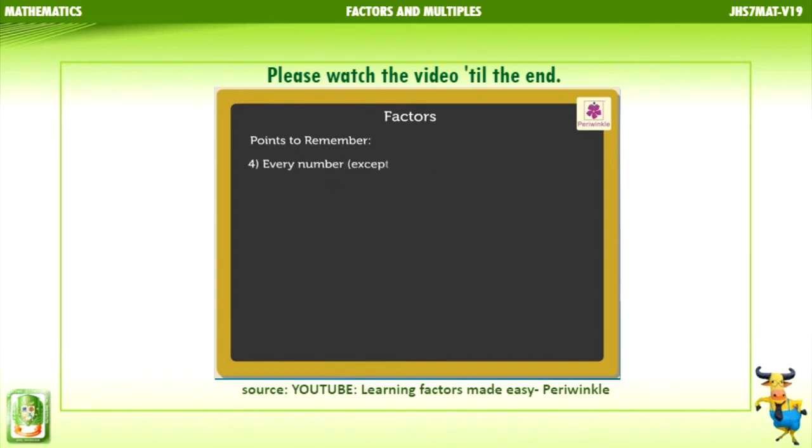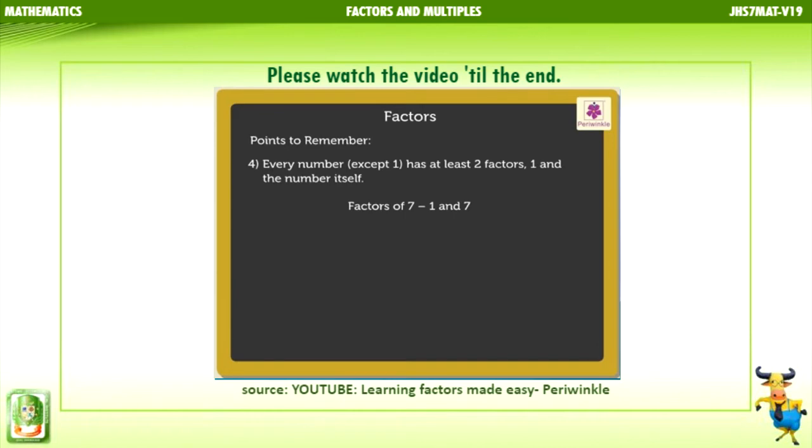Point 4. Every number except 1 has at least 2 factors, 1 and the number itself. Let us look at the factors of 7. They are 1 and 7. No other pair of numbers, when multiplied together, will give the product 7.